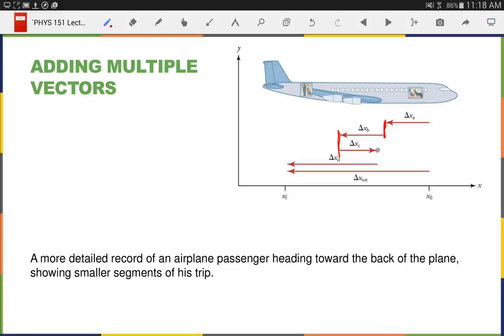At the end of segment 2, they start segment 3. At the end of segment 3, they start segment 4. And then the resultant, the total, when you add them all together, goes from the starting point to the ending point. So adding multiple vectors is just putting multiple vectors one after the other.